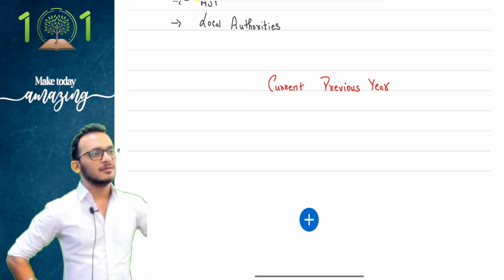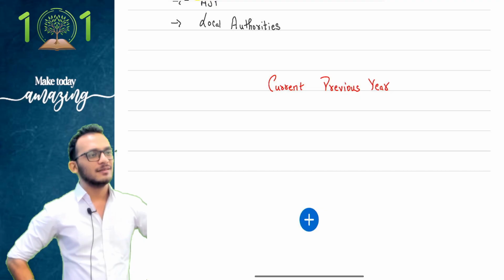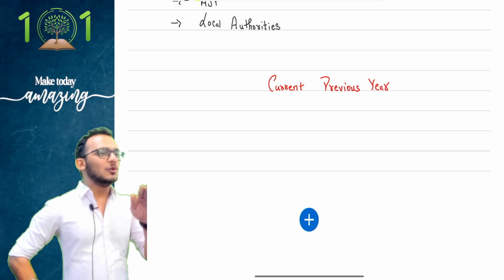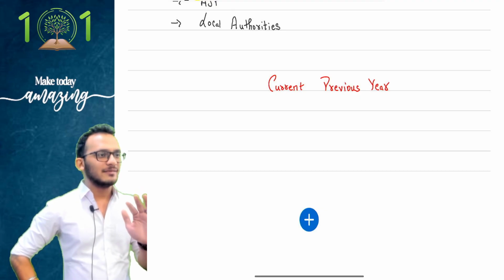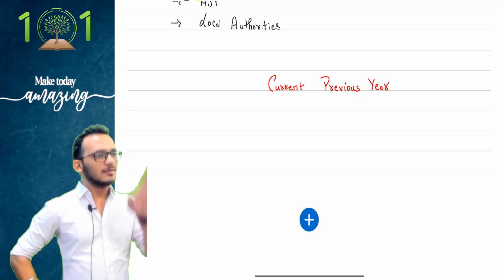Today's assessment year. You are in 25-26, which is technically your assessment year for the previous year 24-25. How is it current then?